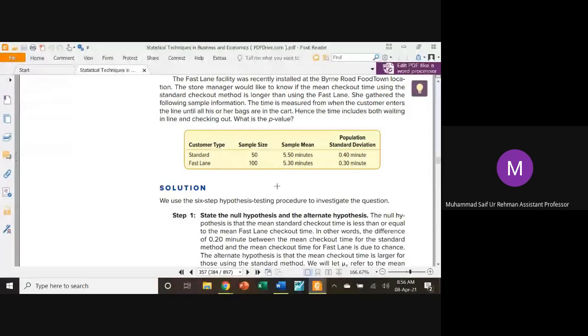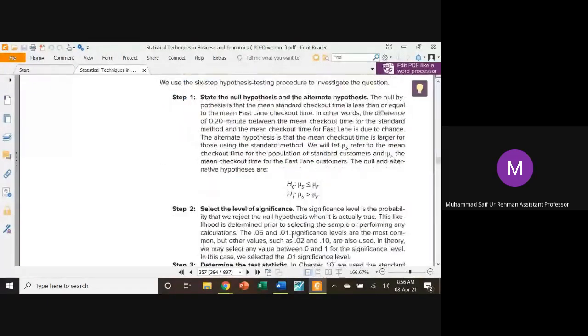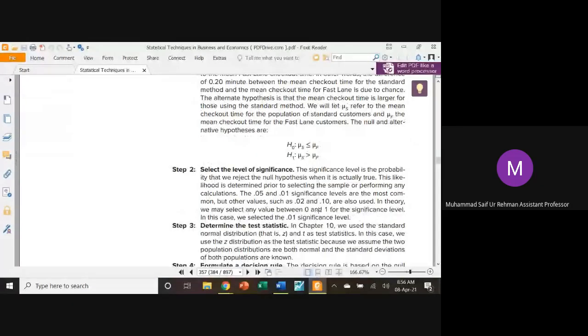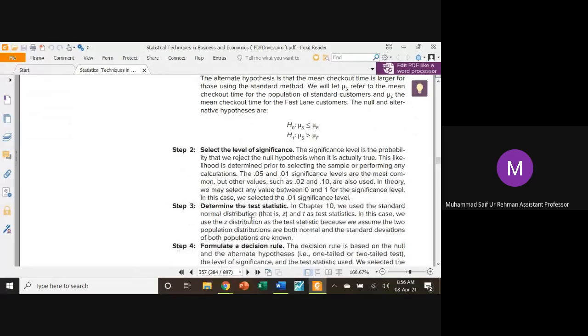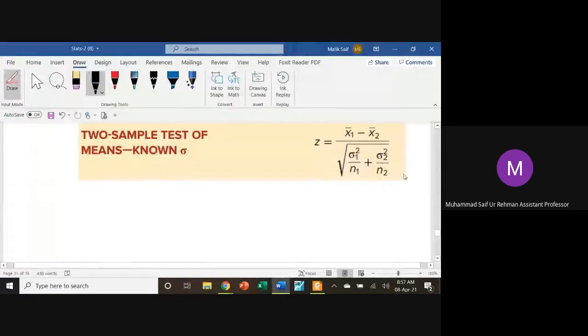So you may use 5%, but as your book is using 1% over here, we may find out the results using the given 0.01 level of significance. Then determine the test statistic, or you can simply write down test statistic, and that is the same test statistic that I have written over here. This is the test statistic.